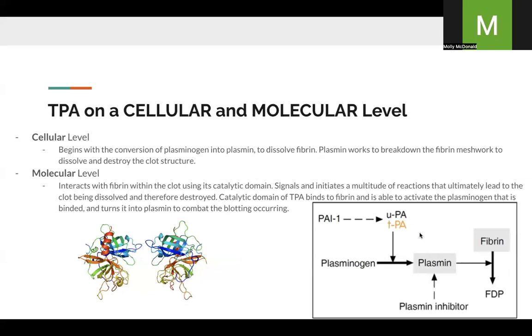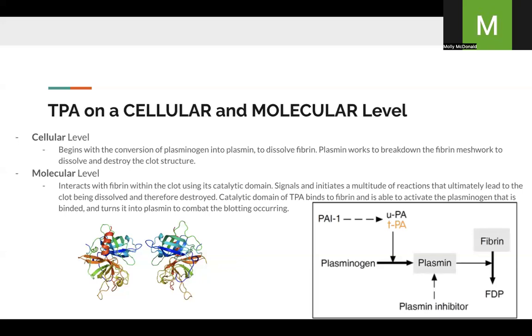So, TPA on a cellular level has a certain mode of action that begins with the conversion of plasminogen, which is an inactive enzyme present in the blood. And this converts into plasmin, which is its active counterpart that works to dissolve fibrin, or in other words, dissolve the protein that forms blood clots. This allows plasmin to break down the fibrin meshwork to break down the clot structure and overall just dissolve it.